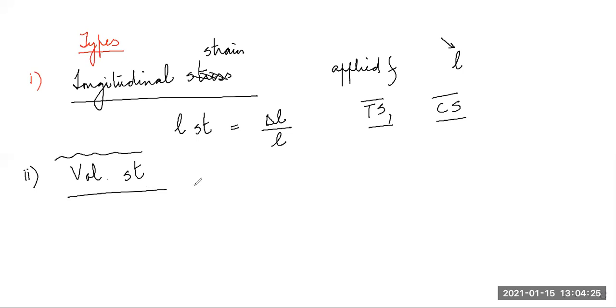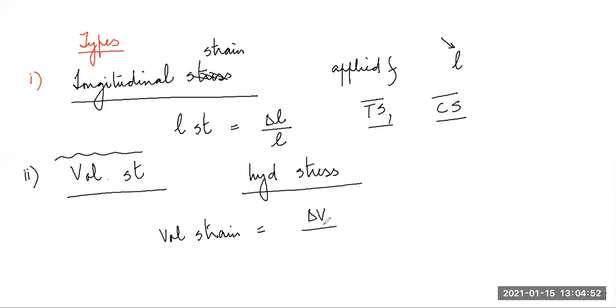If deforming force produces a change in volume alone, as it was the case in hydraulic stress, the strain produced is known as volumetric strain. So students, volumetric strain would be equal to change in volume, that is delta V divided by, yes girls, anyone?